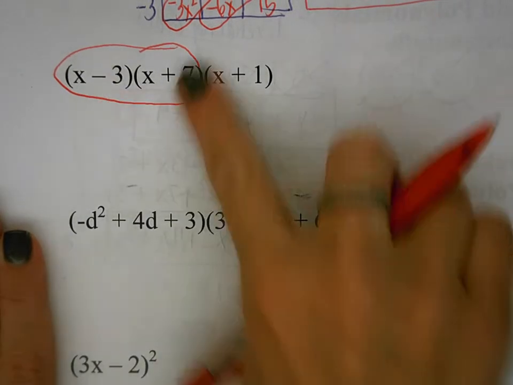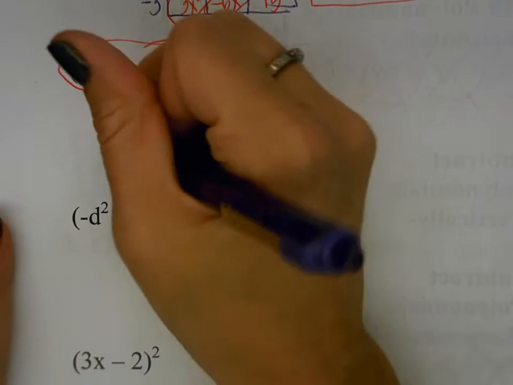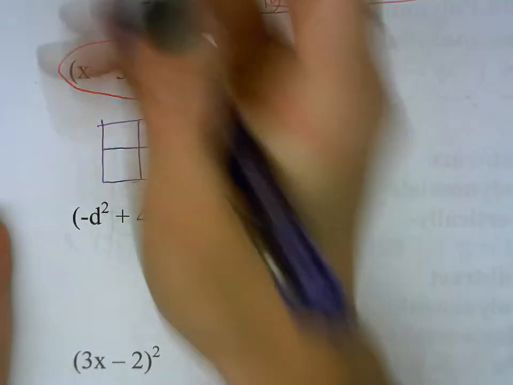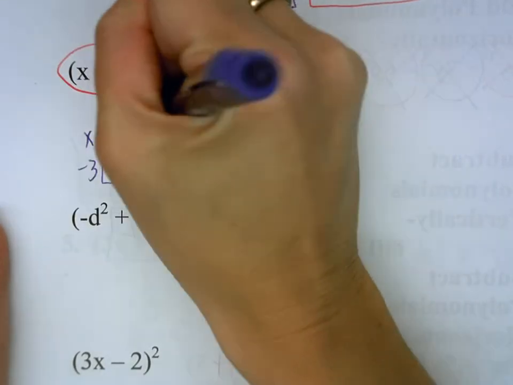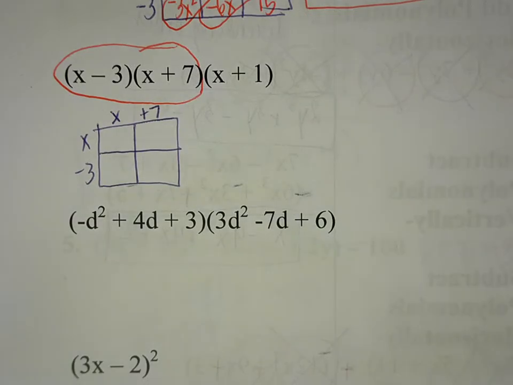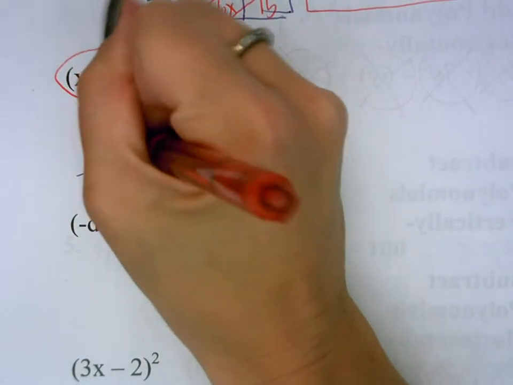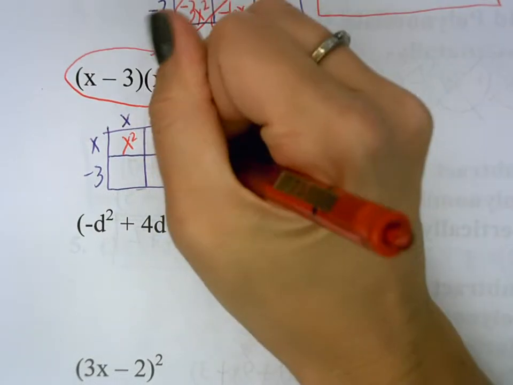So on this first one, we can multiply it together. So we have our x and negative 3 and x and positive 7. So when we multiply here, I get x times x, which is x squared. x times 7 is 7x.